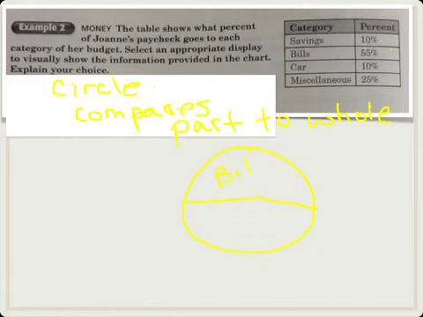This would be bills, 55%, 25% miscellaneous, and then we have 10% for car, 10% for savings, so I could just break this one in half. Car and savings. Okay, so then you would choose a pie chart.